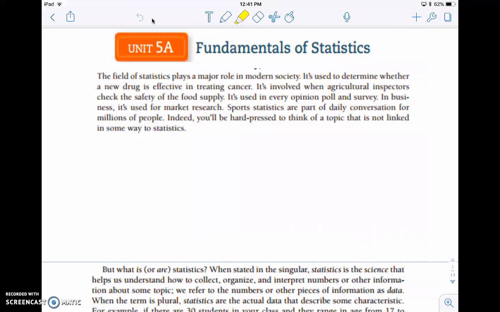A couple of examples that we throw in here. You'll see opinion polls. You'll see surveys, businesses, market research, sporting statistics. These are just kind of daily things that we hear about all the time. And so statistics is a very valuable field of study to understand because it can be manipulated easily as well.